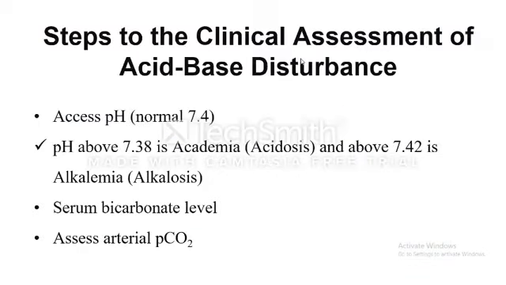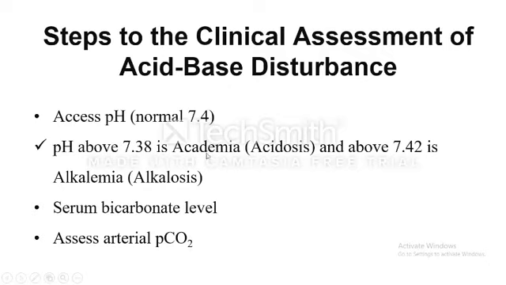Then, it is important: if acid-base balance is disturbed, how can we clinically assess it? There are different steps in the clinical assessment of acid-base disturbance. First of all, we assess pH. If it is a normal 7.4, the person does not have an acid-base disturbance or imbalance. If it is not 7.4, then there can be a problem.